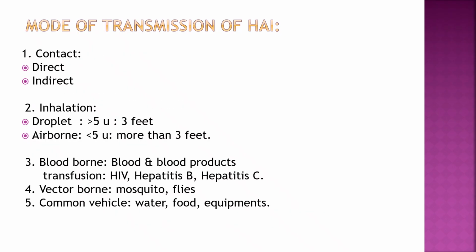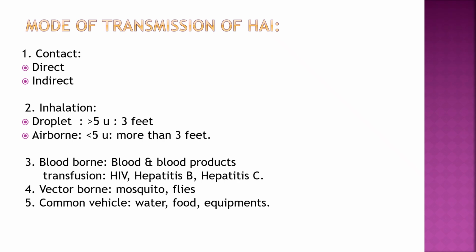Now we'll see modes of transmission of hospital acquired infection. Contact, inhalation and other modes are there. First is contact, which can be direct or indirect contact. Then inhalation, which can be droplet: if the droplet is more than 5 micron in size, that can cause infection.